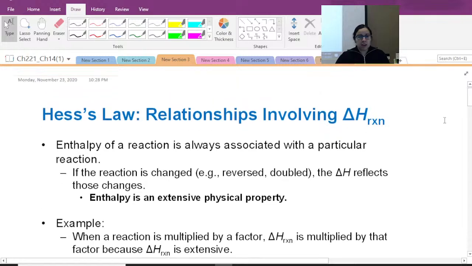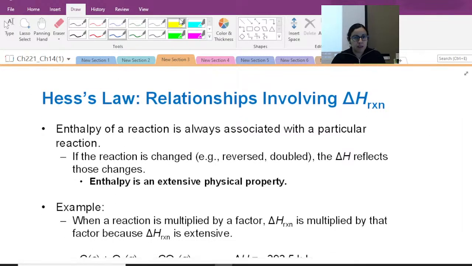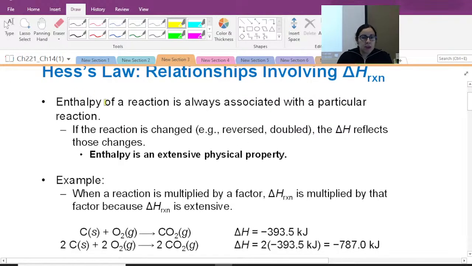And so now let's look at Hess's law. Again, we kind of saw this in practice without knowing what we were doing. Enthalpy of a reaction is always associated with a particular reaction. And so if we reverse it or double it, then our change in enthalpy also reflects those changes. So it's an extensive physical property. Usually it's given in some molar amount.